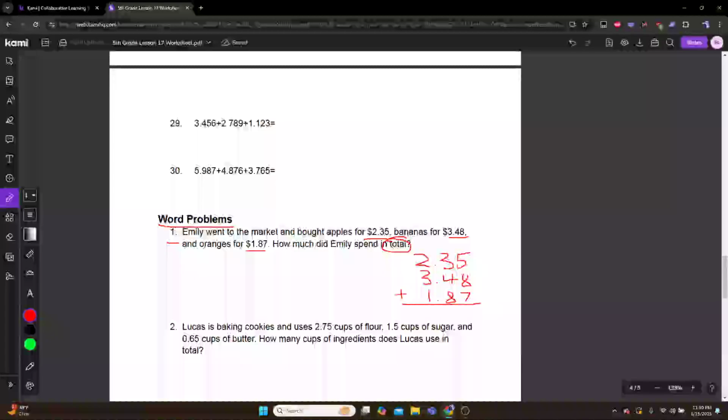So if we add these up with the decimal points lined up, 5 plus 8 is 13, and plus 7 is 20. So 2, 0 like this. 2 plus 3 is 5, 5 plus 4 is 9, 9 plus 8 is 17. Like this, decimal point goes down, and then 1 plus 2 is 3, 3 plus 3 is 6, and 6 plus 1 is 7. So we get that Emily spent $7.70 in total.